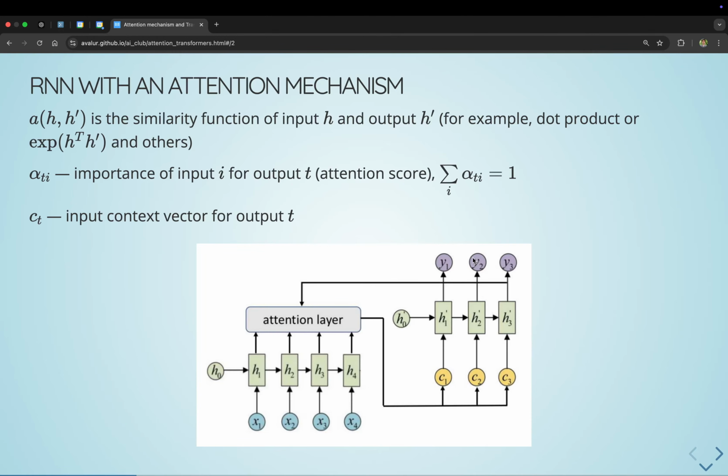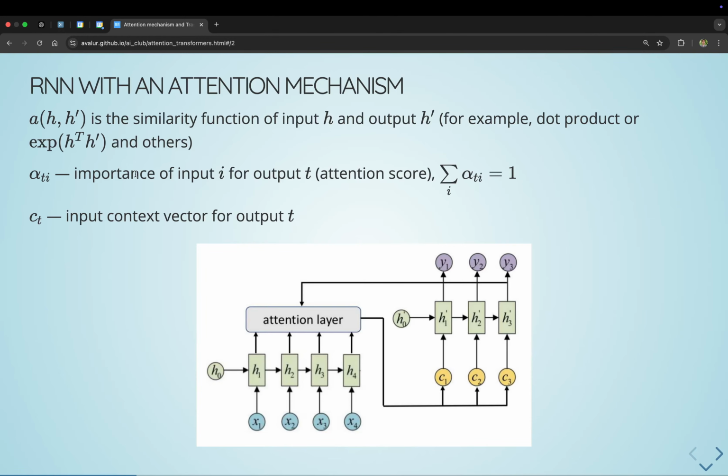Especially in a machine translation task, if you have an English sentence and you want to translate it to Greek, then of course some words are more important for translating one part of the sentence, and then you switch to other words and look at them for better understanding and for better results in your output.